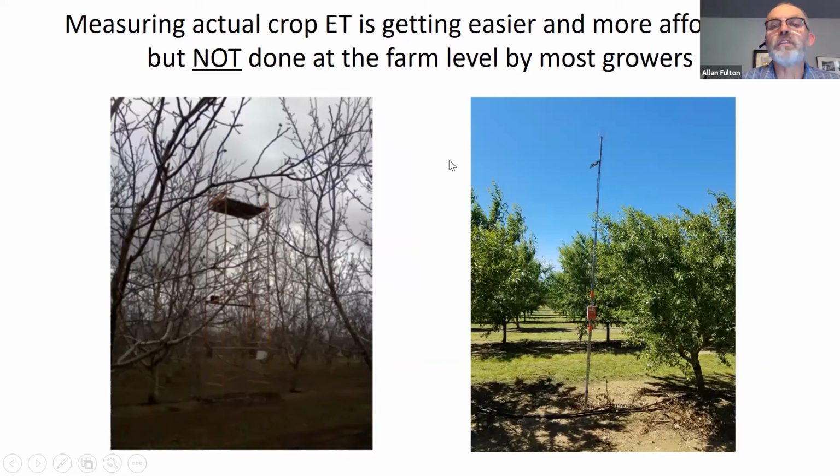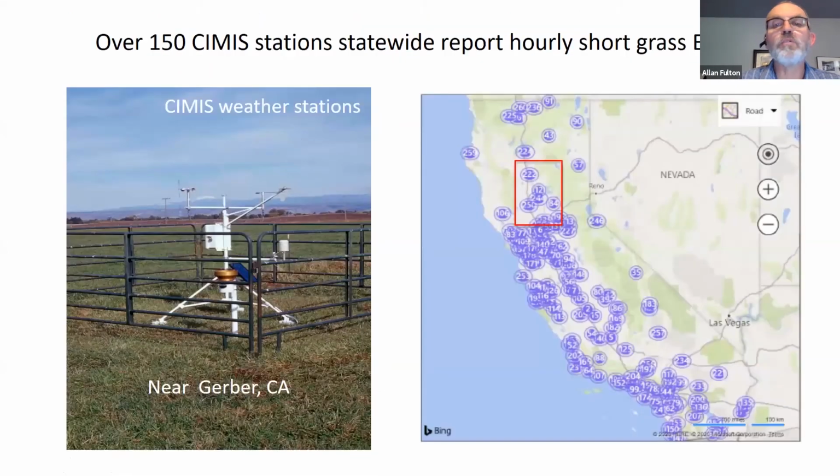Measuring actual crop ET is getting easier and more affordable, but is not done at the farm level by most growers. In California, we see this done most widely in wine grape at the moment. As a result, we offer these weekly crop ET reports, and these reports are developed based on the information from the California Irrigation Management Information System weather network.